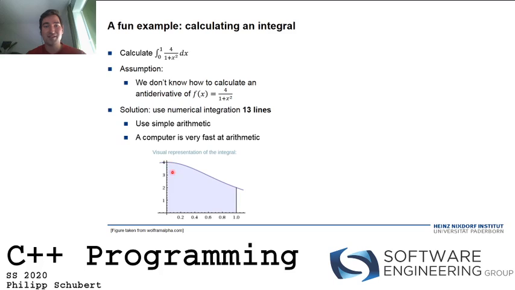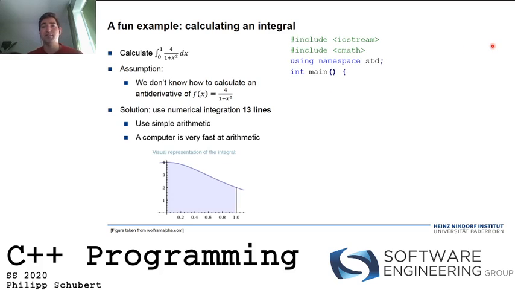We can now sample many points between 0 and 1, compute the function's value at each point, and then add up all those values and divide by the number of samples we used to get a rough approximation of the area under that graph.